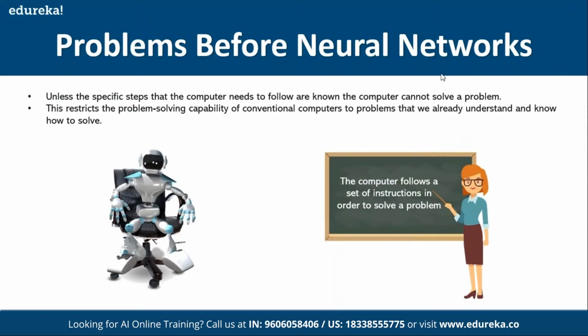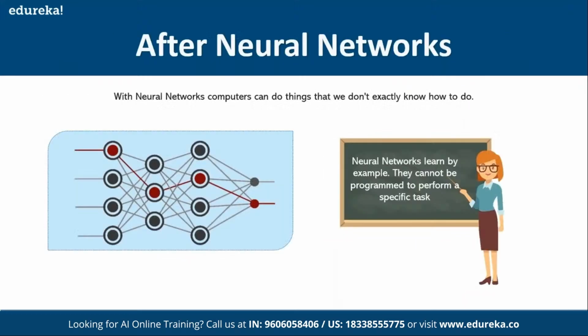So the way the neural network works is you have an input layer, then you have one to many connections, and these one to many connections become more and more with multiple layers in between, which are called the hidden layers.